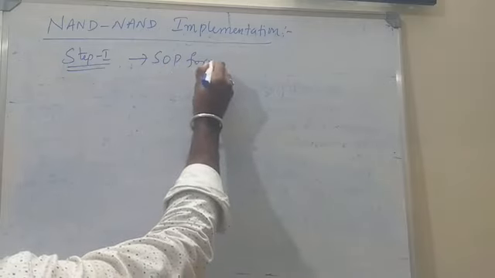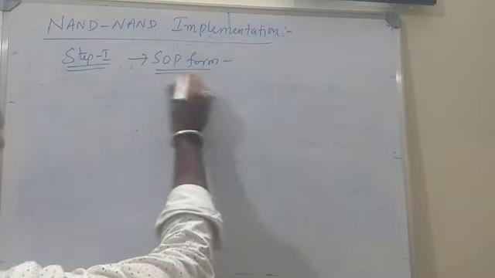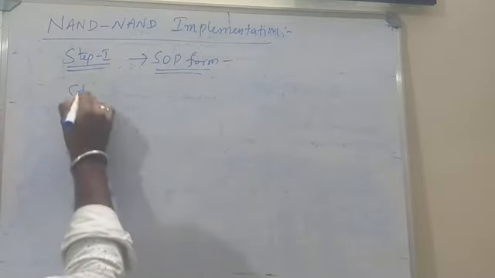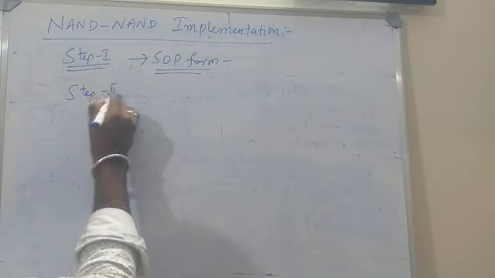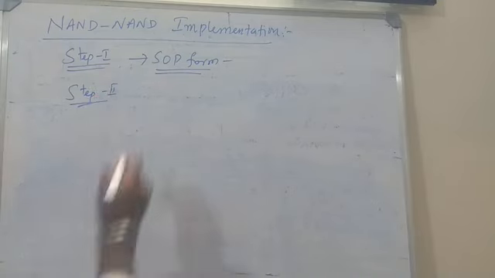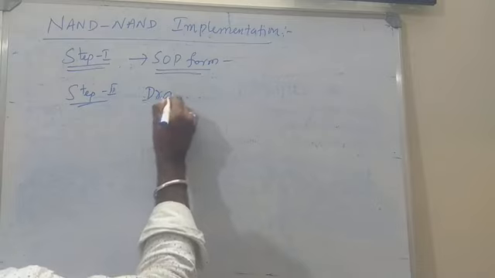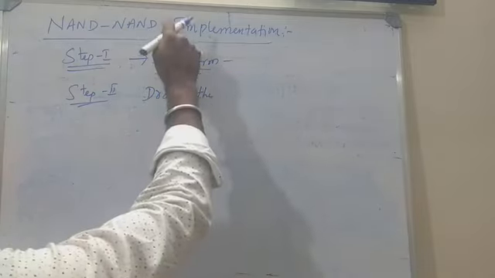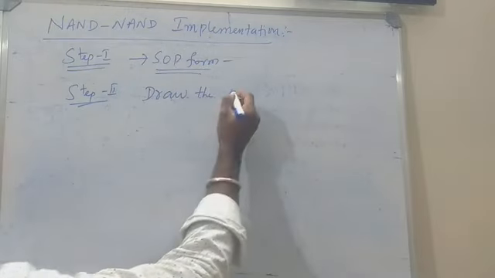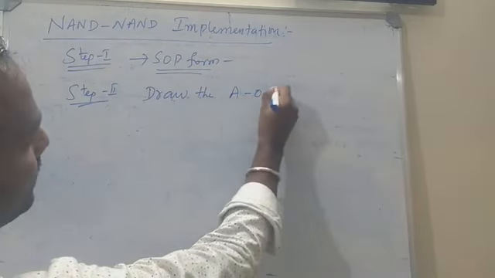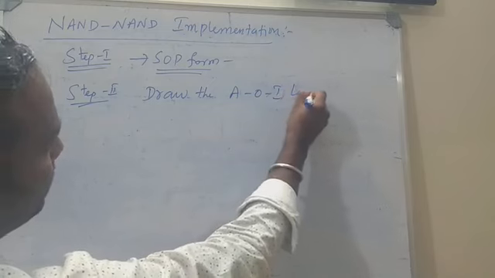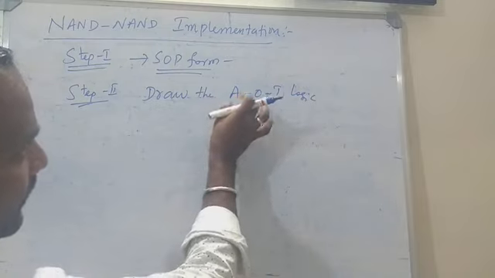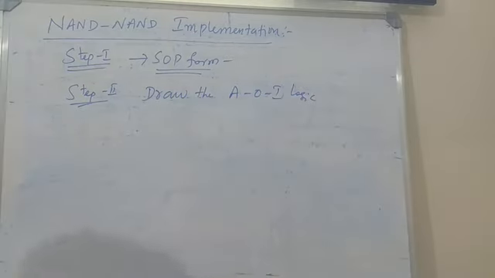Step number two: draw the basic logic diagram for the expression obtained from step one, in terms of AOI logic. AOI logic indicates AND-OR-Invert logic, that is, basic AND gate, OR gate and inverter combinations.